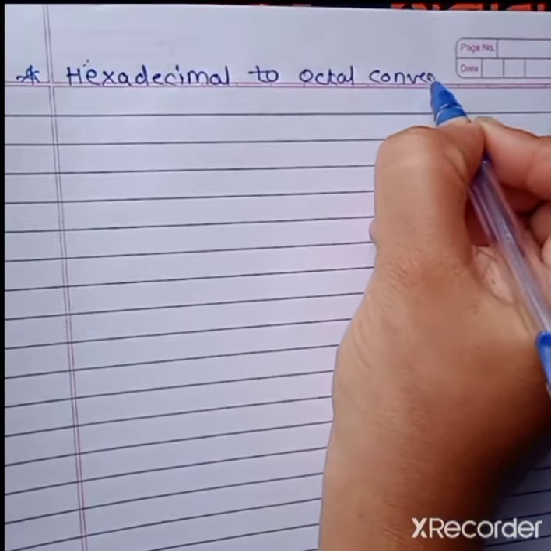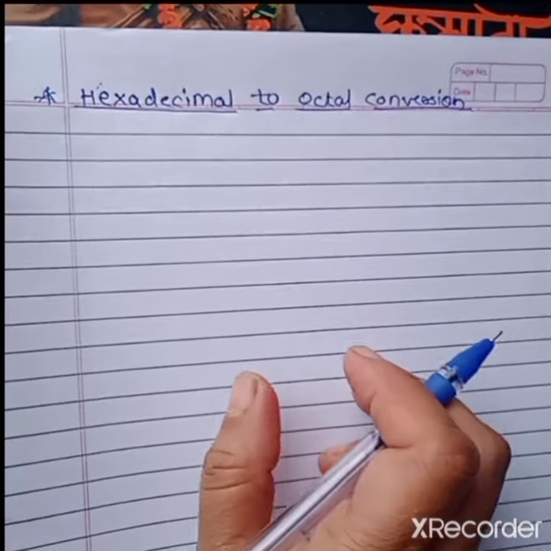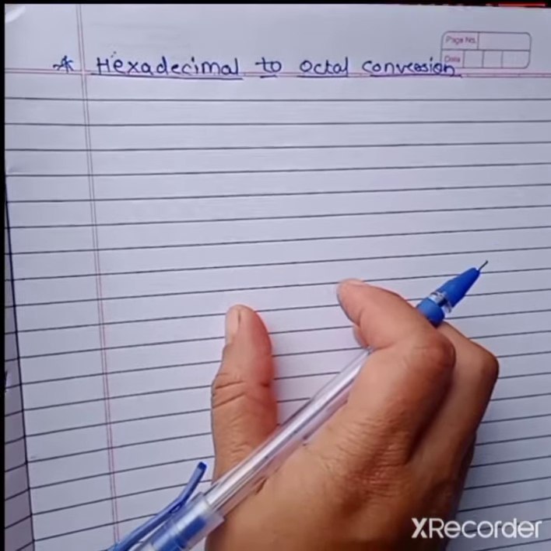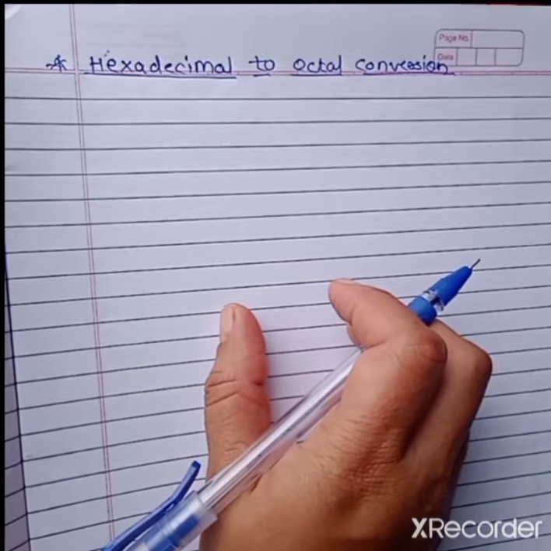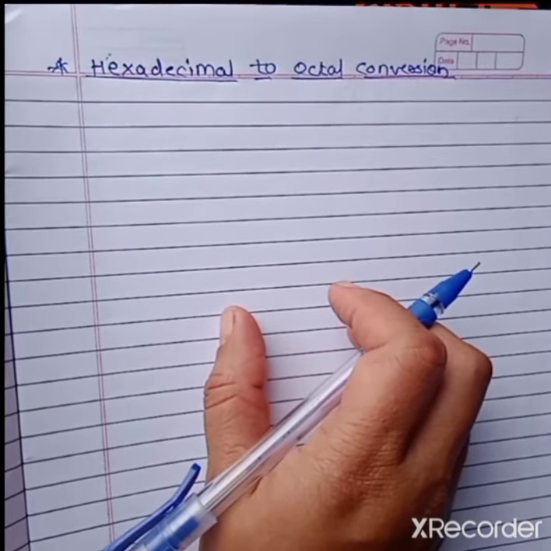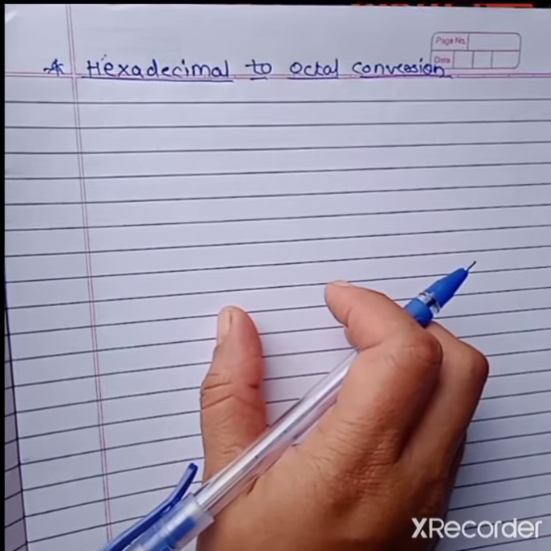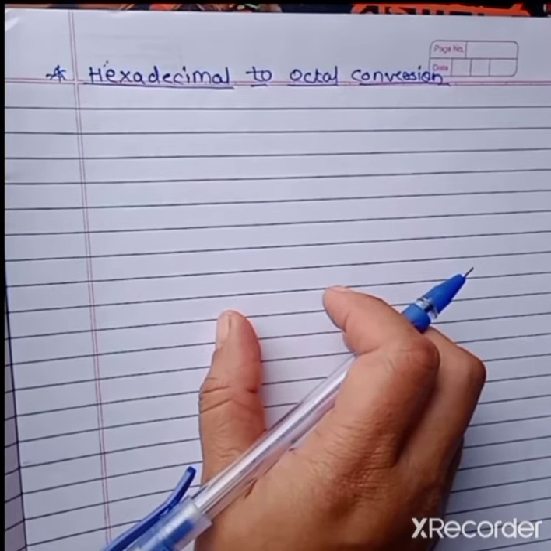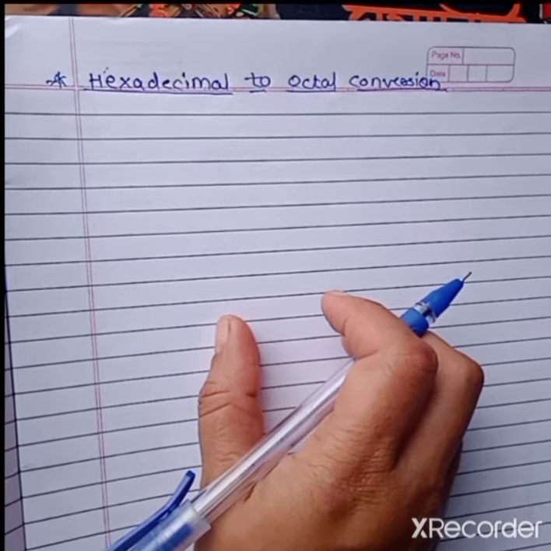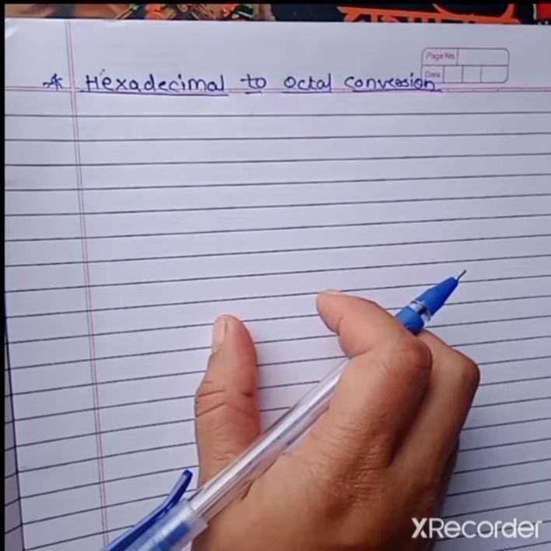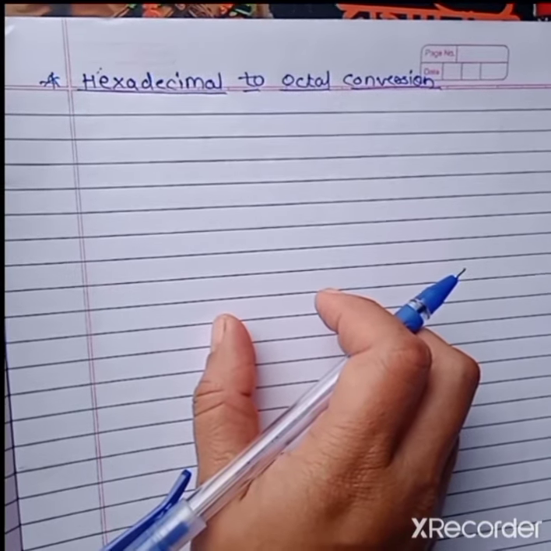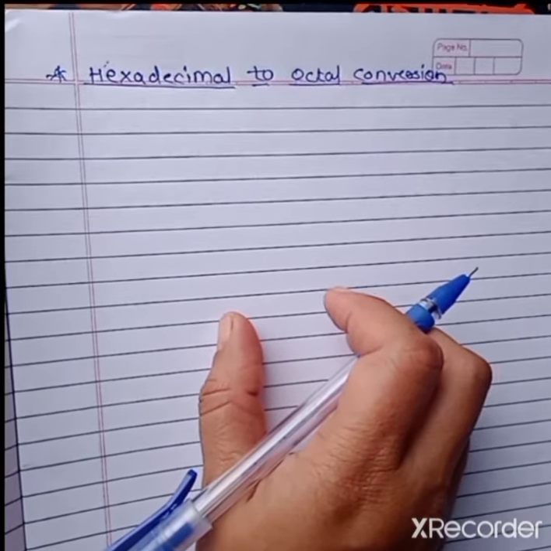Again I am telling you, while converting hexadecimal, octal and binary numbers, you must know about the 2-bit, 3-bit, 4-bit binary tables. How to obtain those tables I have explained in the previous lecture, and I have also provided notes for those tables.